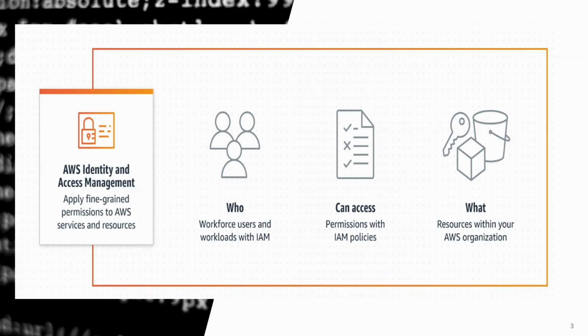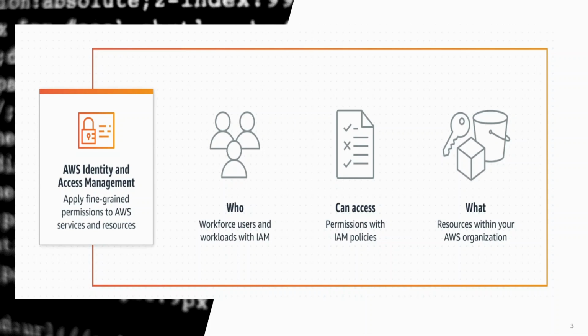So we have a diagram. It's saying AWS Identity and Access Management. Basically, it is fine-grained permissions we are giving to AWS resources and services. It means we are selectively giving the permissions to the users who can access various services or resources, and also who can access.